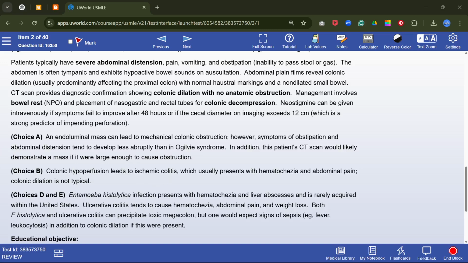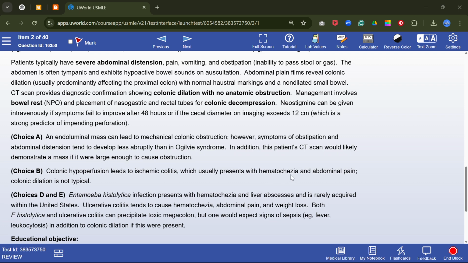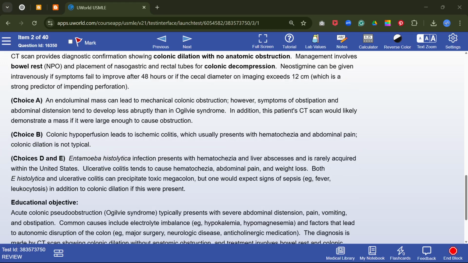Colonic hypoperfusion can lead to ischemic colitis, which can present with hematochezia and abdominal pain. Colonic dilatation is not typical. And Entamoeba histolytica can cause hematochezia and liver abscess.